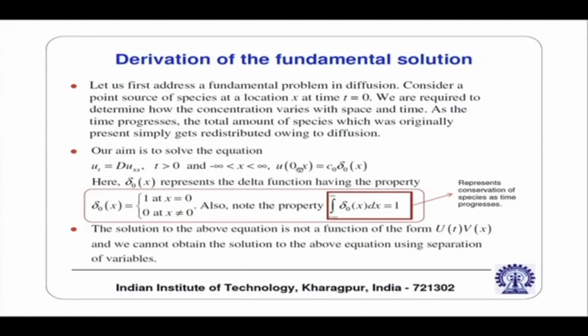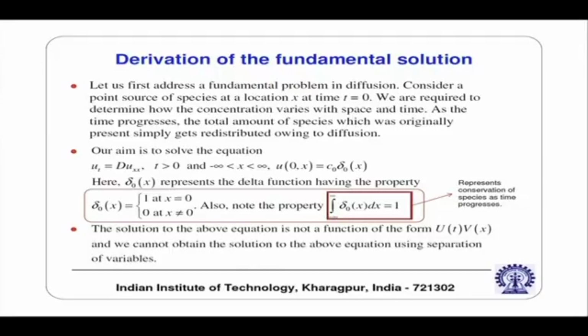At t equal to 0, you have a species source, so that is represented by the concentration times a function. This is a typical representative of a point source, C0 times the Dirac delta function. We have already come across this Dirac delta function earlier in some other context. So, the delta function has the property that delta_0(x) is equal to 1 at x equal to 0 and is equal to 0 at x not equal to 0.